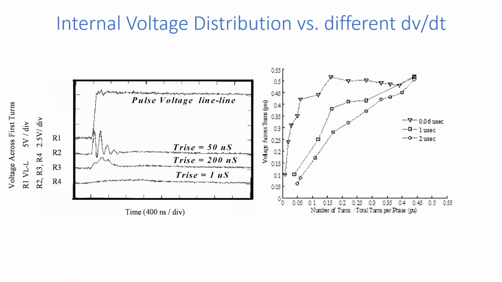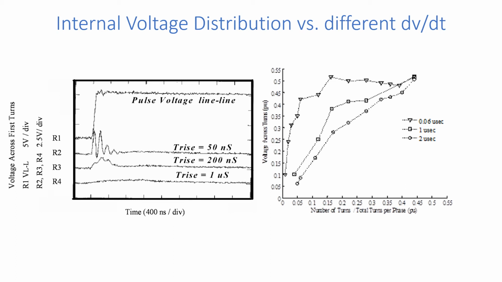To prove that only the first couple of turns of the stator winding are going to contribute to the high frequency model, you see here we have a motor with tap wires, and we have different dV/dt applied to the motor windings, and we measure the turn voltages.